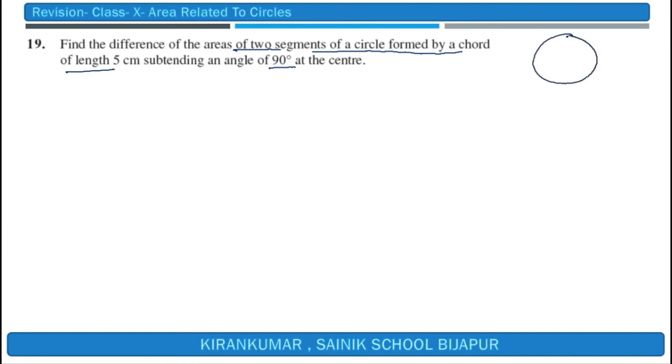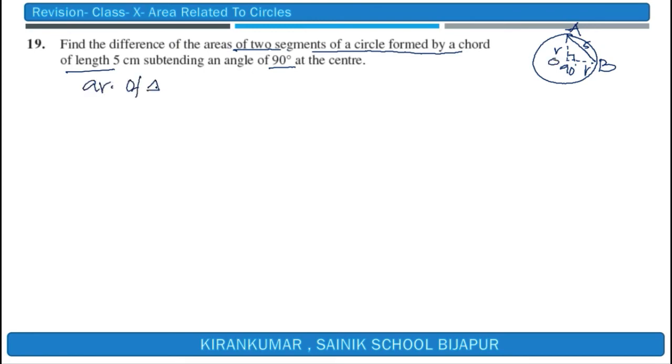It's a circle. The chord is AB. The length is given as 5, and it is subtending an angle of 90 degrees at the center. Let me call the radius r and name the center O.